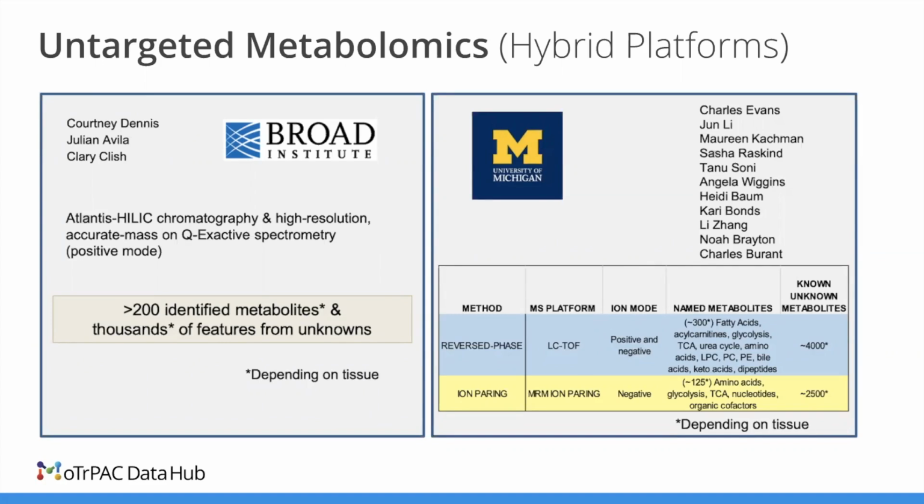Similarly, at the University of Michigan, we do reversed phase chromatography prior to mass spectrometry. It's done both in the positive and negative mode. And we also do a platform called ion pairing, which is also run on a form of reverse phase column, but gets a higher preponderance of negatively charged small organic molecules.